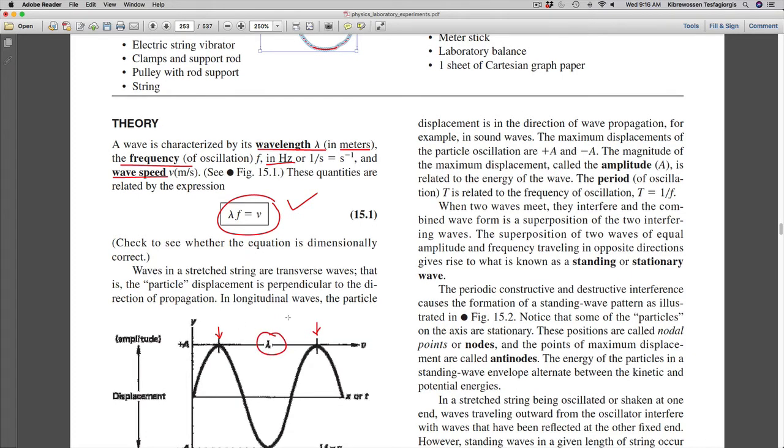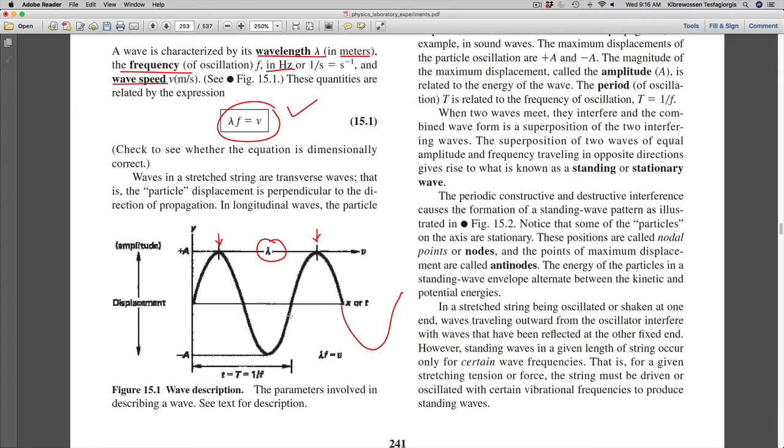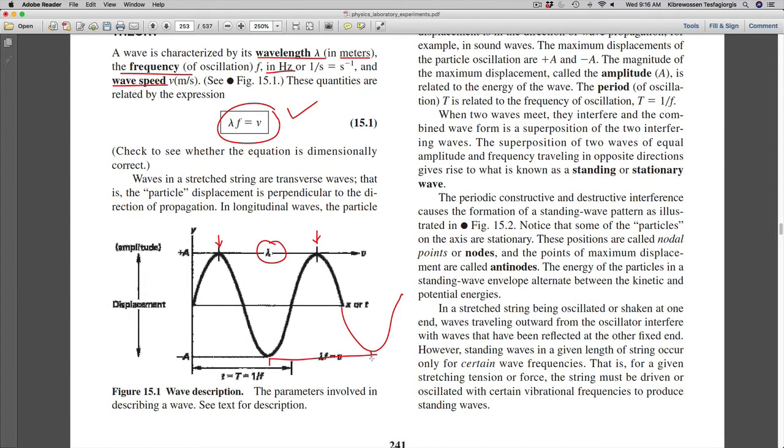If the wave is not damped, meaning it doesn't slow in any way, wavelengths can also be measured from trough, the lowest part of the wave, to the next lowest part.